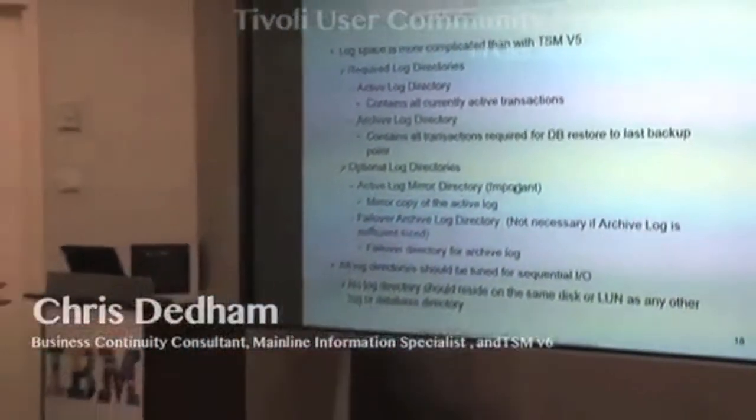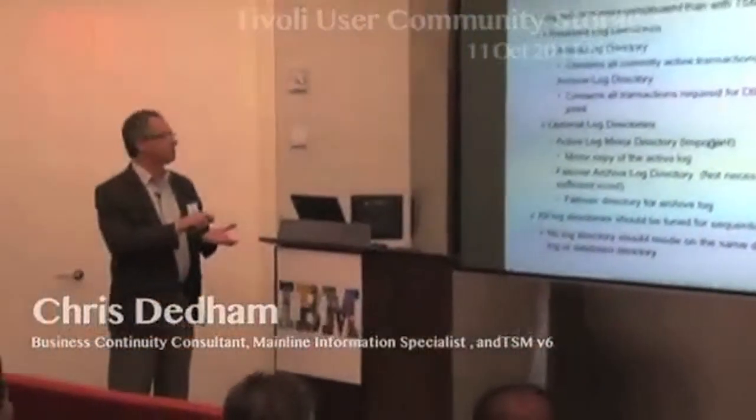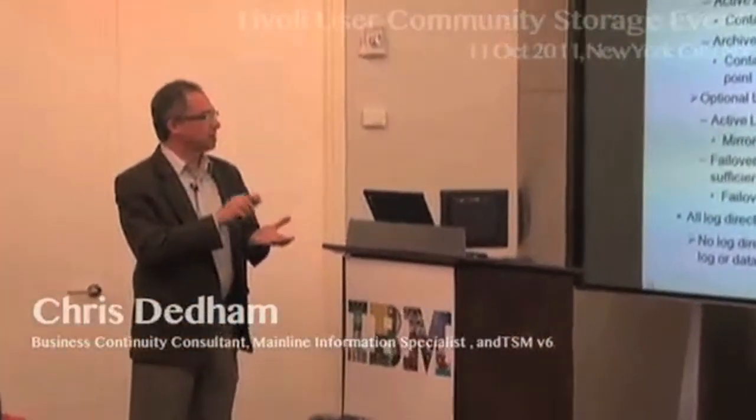I forget what the parameter is, but the interval of when it moves data from archive to failover may not keep up with the filling rate. So you still may run out of space in your archive log, even if you have a failover one defined. So that's been our approach: just make it big enough to handle everything.